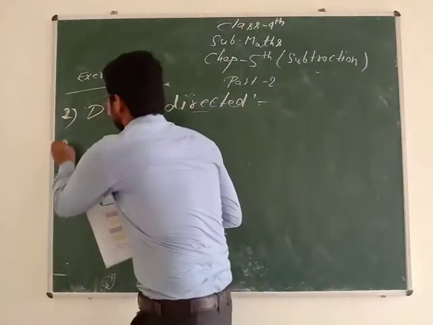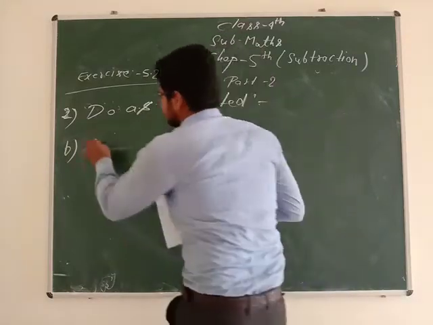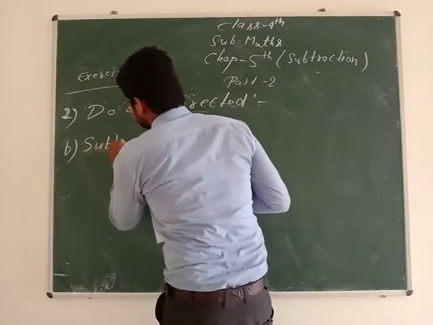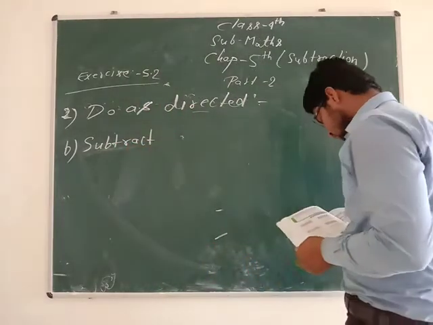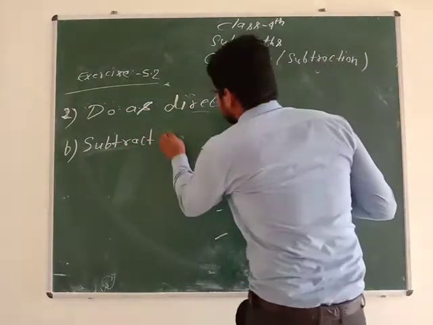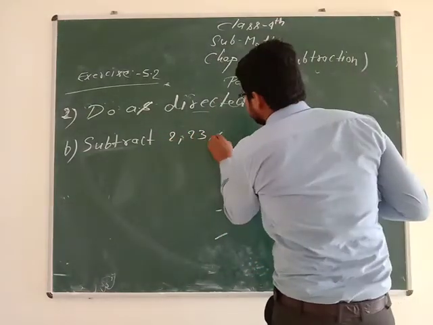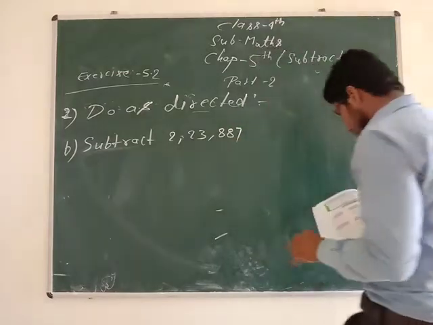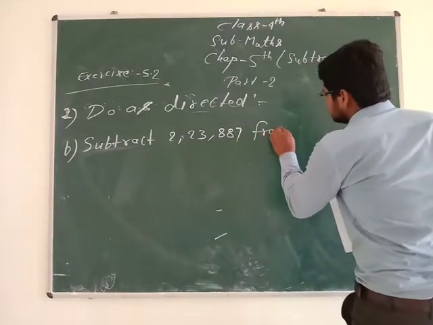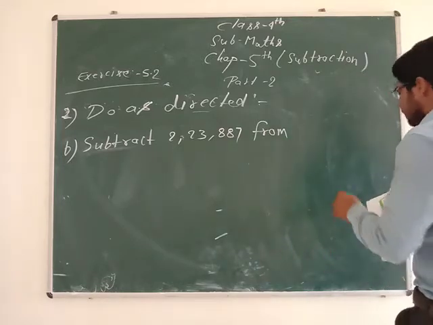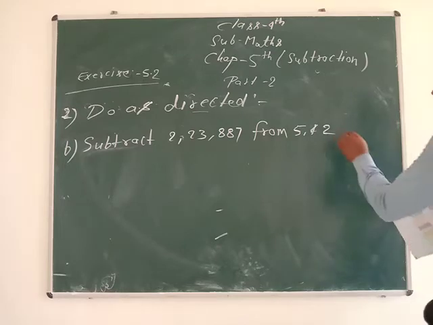Let's take question number B of question 2. Subtract 2,23,887 from 5,42,456.